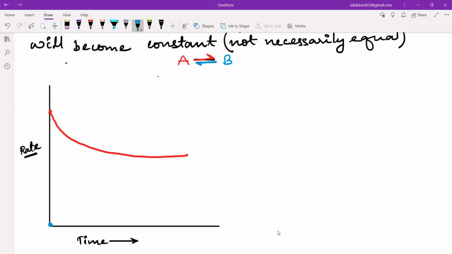So B will also start getting converted to A. The rate of backward reaction will slowly increase, and it will reach till A. Now, this is the point when both of the rates become equal. This is where equilibrium has been established.